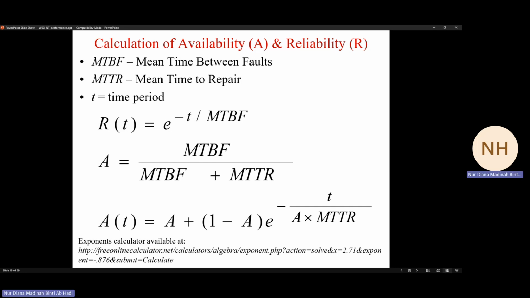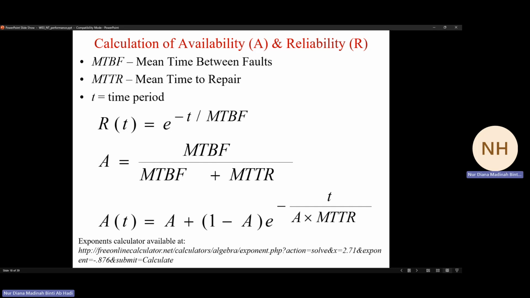MTBF is the mean time between failures, while MTTR is the mean time to repair. Availability is equal to MTBF divided by the total of MTBF plus MTTR.